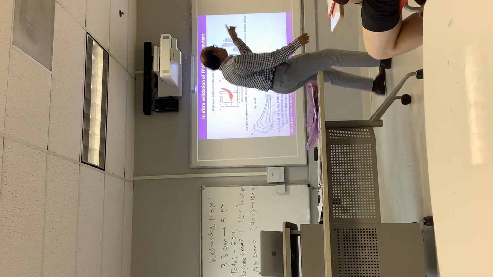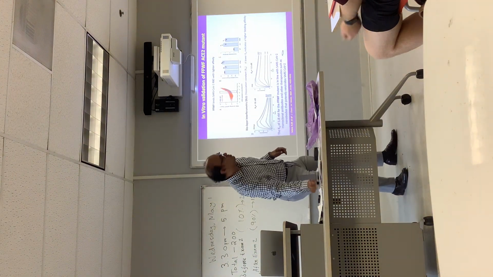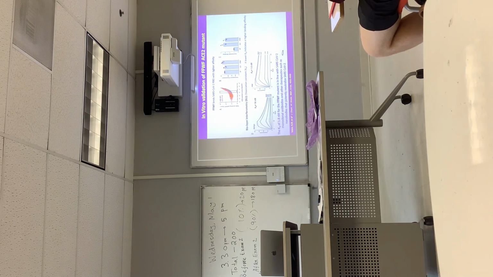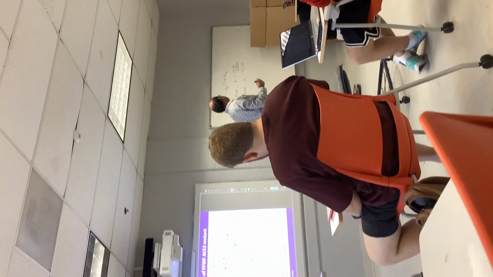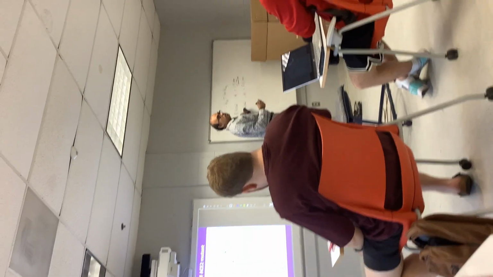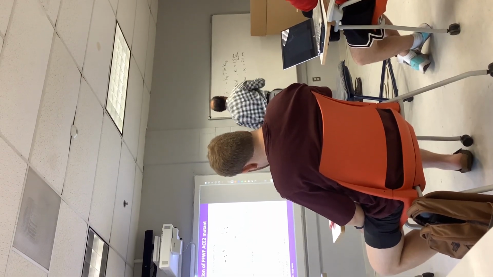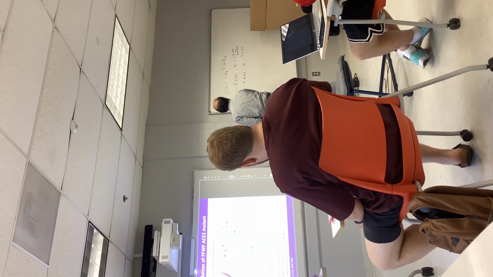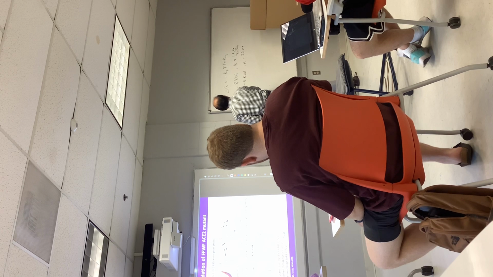Did I say that? Yeah, that's what I wrote. Here the Kd value is smaller, which means the delta G value is large. That means the binding affinity is higher in this case.